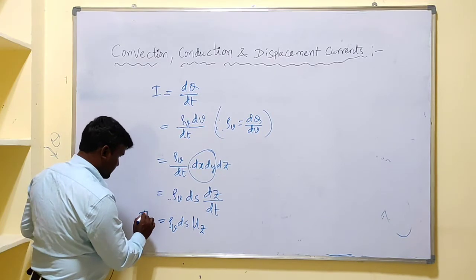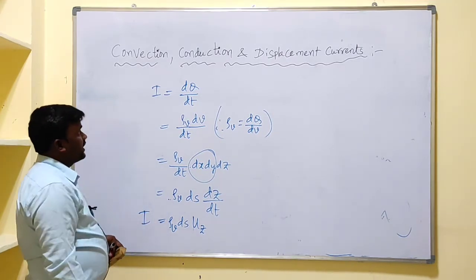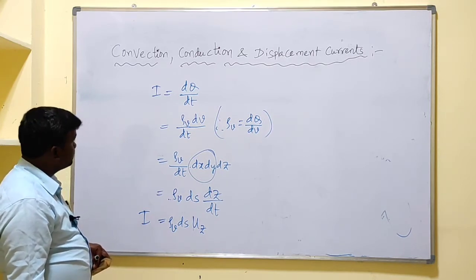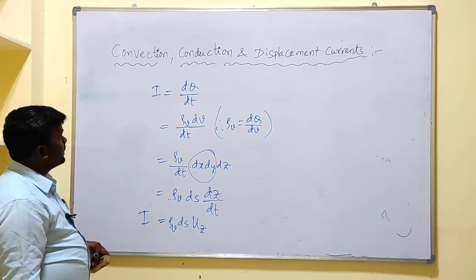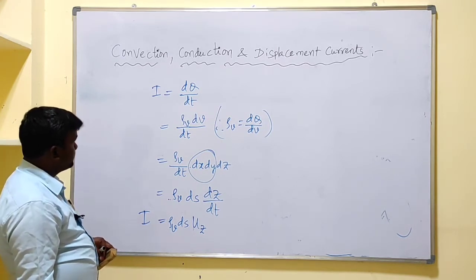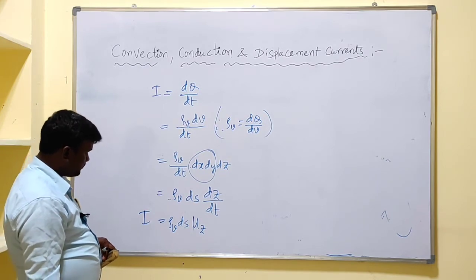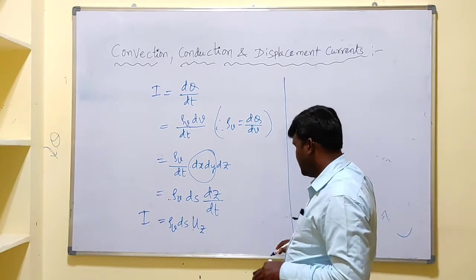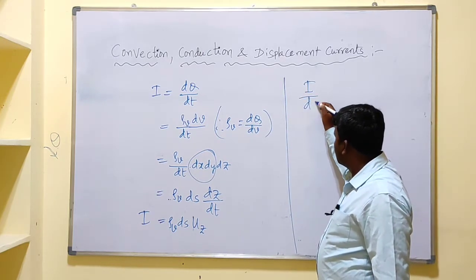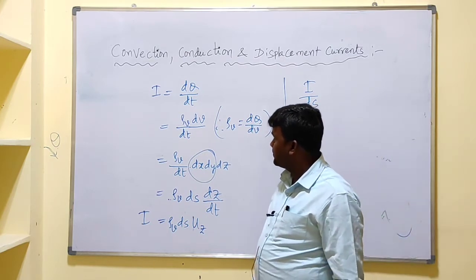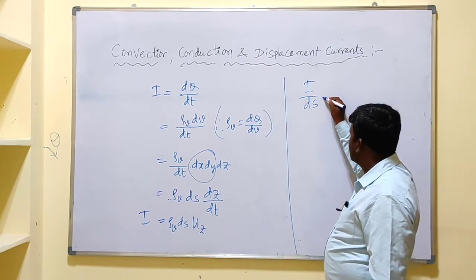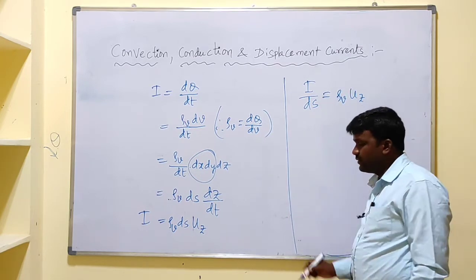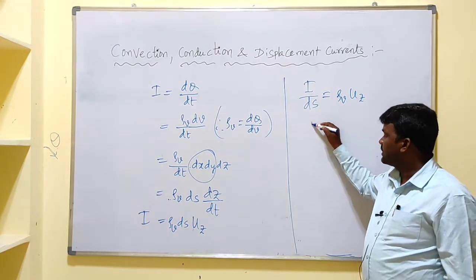I by ds equals rho v into uz. That is current per unit surface area, which is the current density.